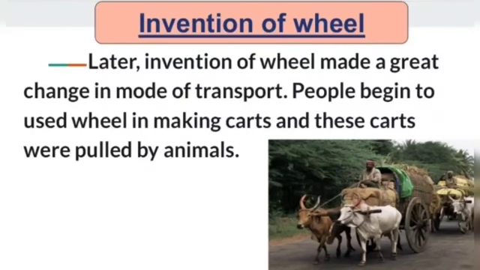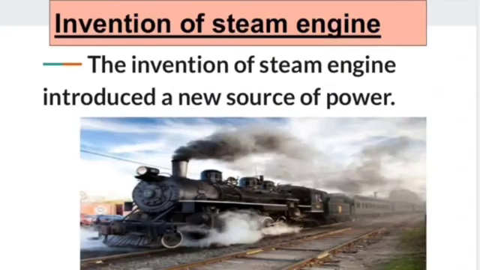Until the beginning of the 19th century, people still depended on animal power to transport them from place to place. But the invention of the steam engine introduced a new source of power. Steam engines are used in trains, and it became easier to move from one place to another. So the invention of the steam engine brought a great change in modes of transport.